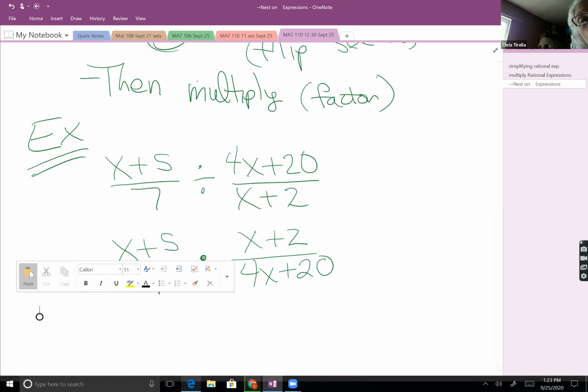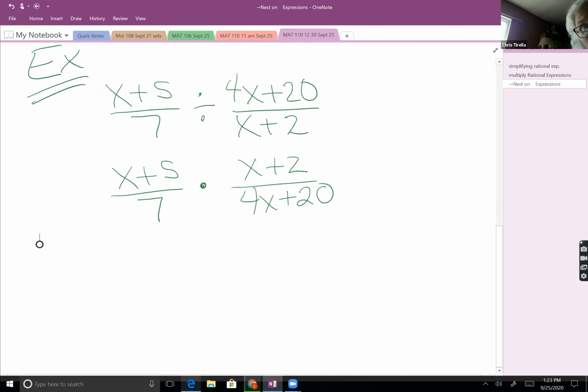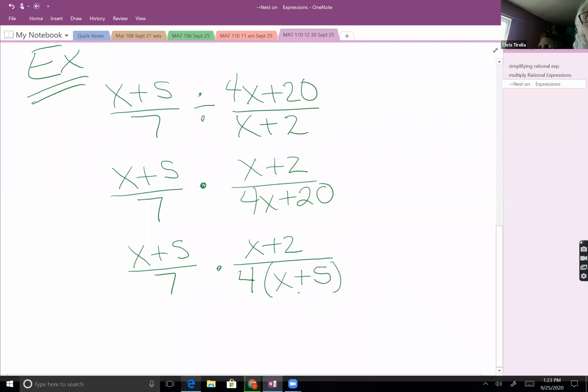Now, I'm going to factor. X plus 5 does not factor. 7 does not factor. X plus 2 does not factor. 4x plus 20, does everybody see there's a common factor of 4? And my other factor, when I divide out the 4, would be x plus 5. Now to multiply, we're going to treat it all as one great big fraction.